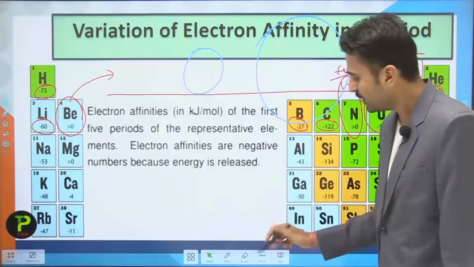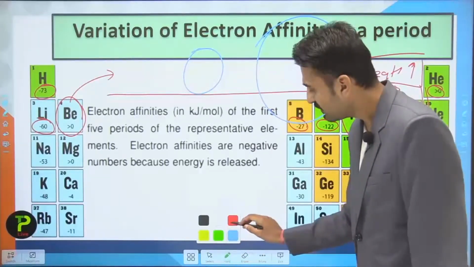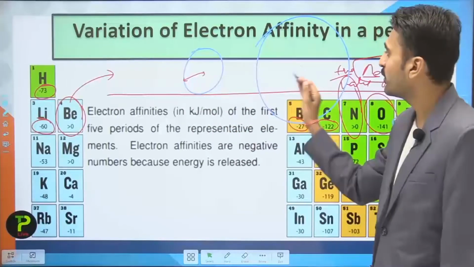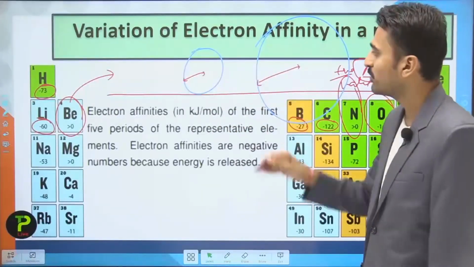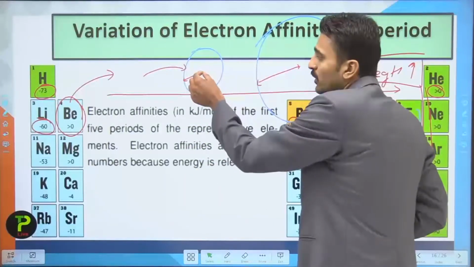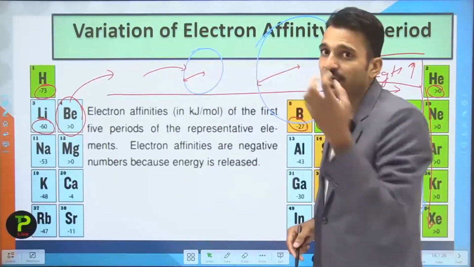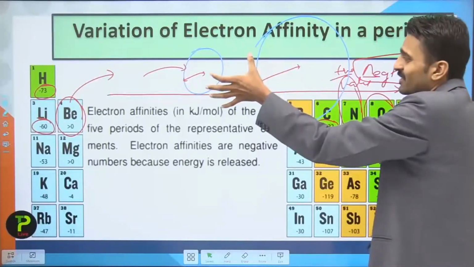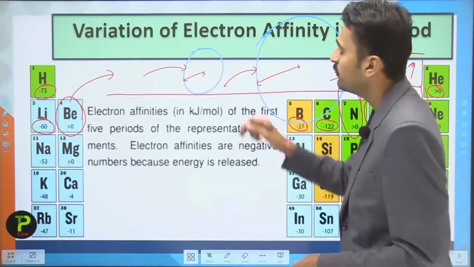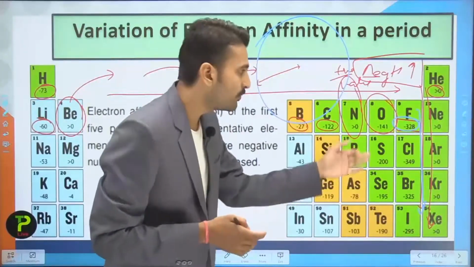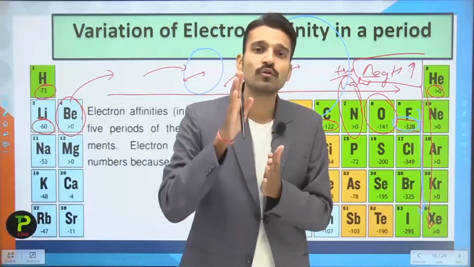The distance between the nucleus and the outermost shell is less in the first member, while it is more in the last member. So when an electron comes into the outermost shell, the nucleus should be able to attract that electron. If the distance is much larger, the attraction would be much less. That's why while moving down in a group, the electron affinity values go on decreasing.